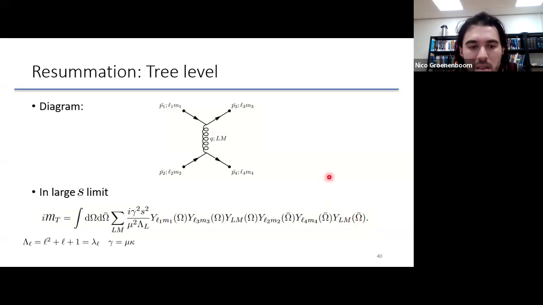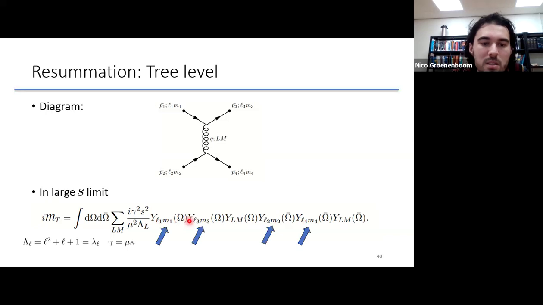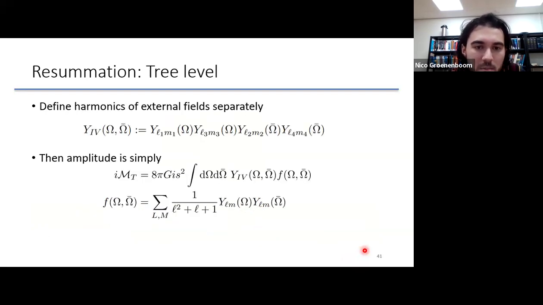In order to understand this diagram a bit better, we can observe that 4 of the 6 harmonics depend only on the external LM. So it makes sense to define these separately. We define all of the external ones in terms of some YIV, some initial value harmonic.